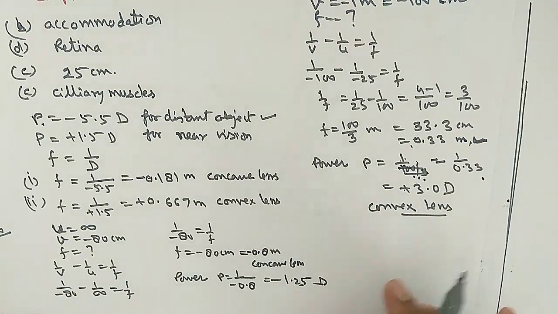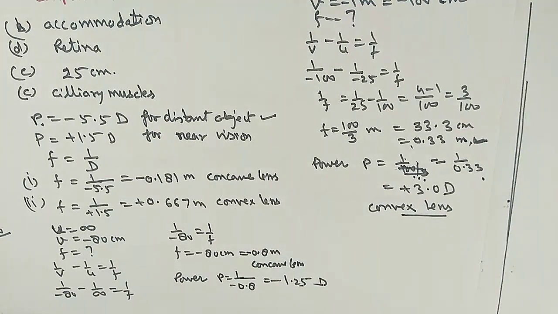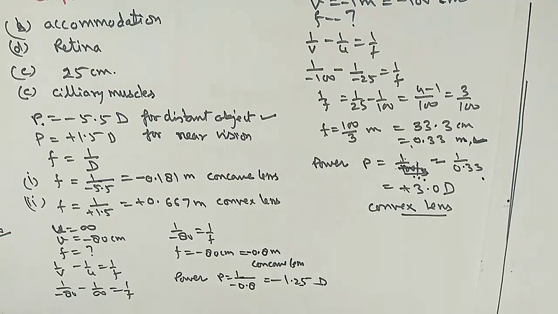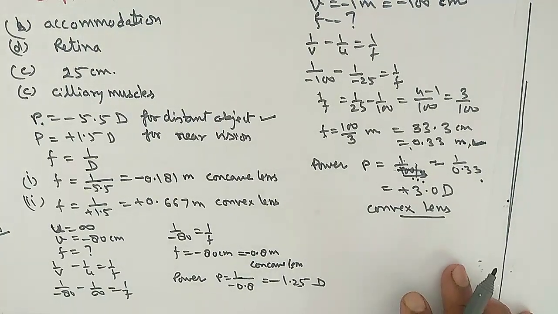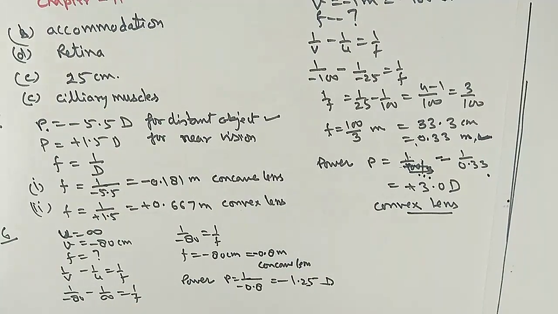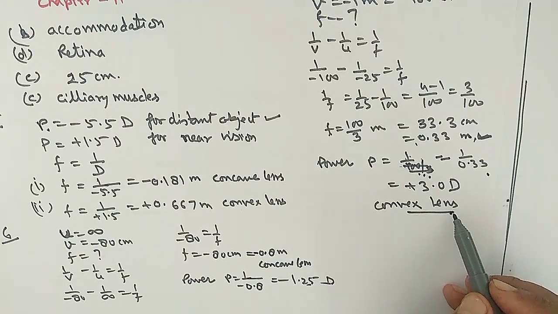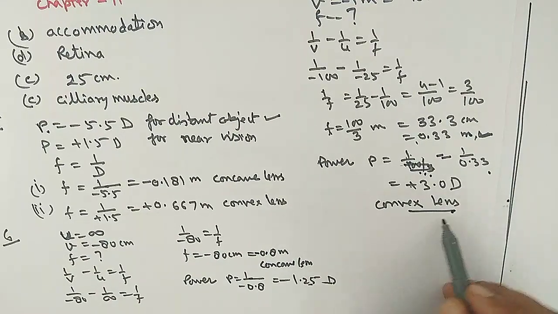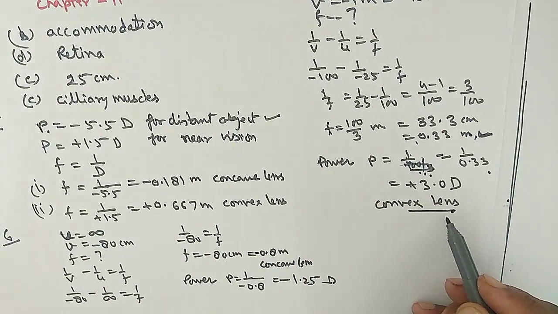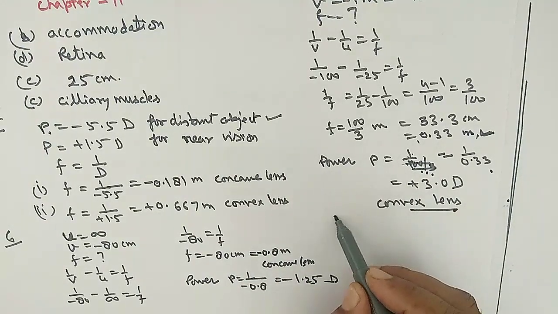Because in that case, due to the strain on the ciliary muscles, they will not be able to adjust the focal length of your eye lens. That's why you can't see clearly. Now question number 9.